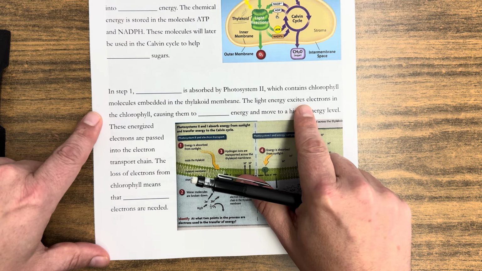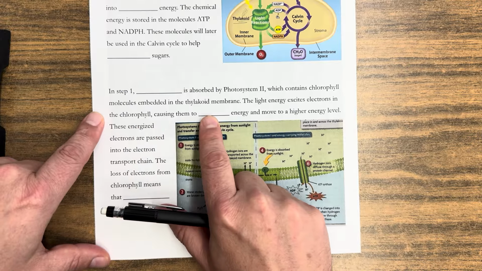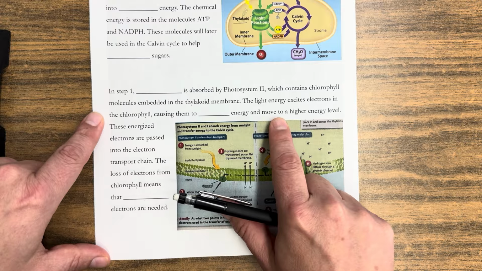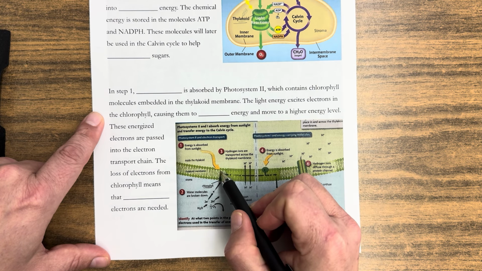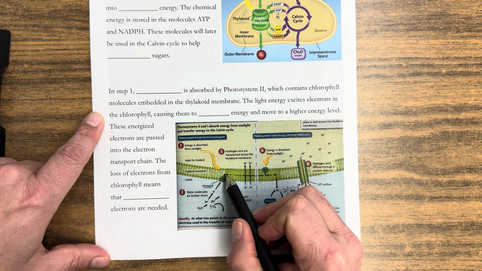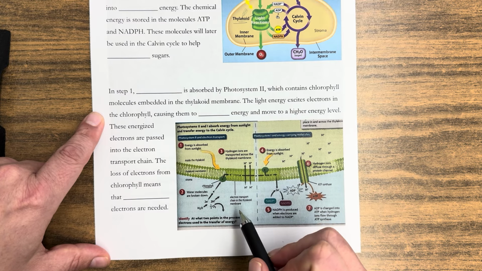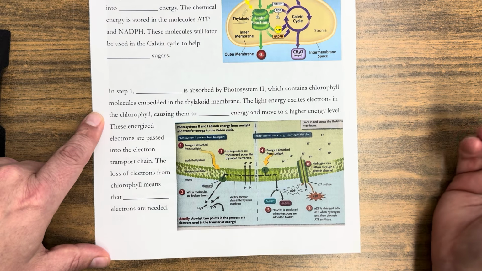The light energy excites electrons in the chlorophyll, causing them to gain energy and move to a higher energy level. So light comes in, there's an electron here in the chlorophyll that's going to gain energy and start moving. Okay, so it has picked up energy from the light.